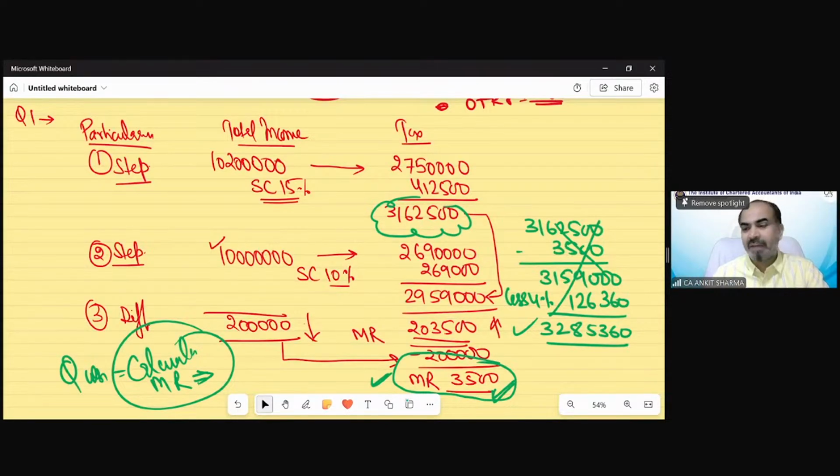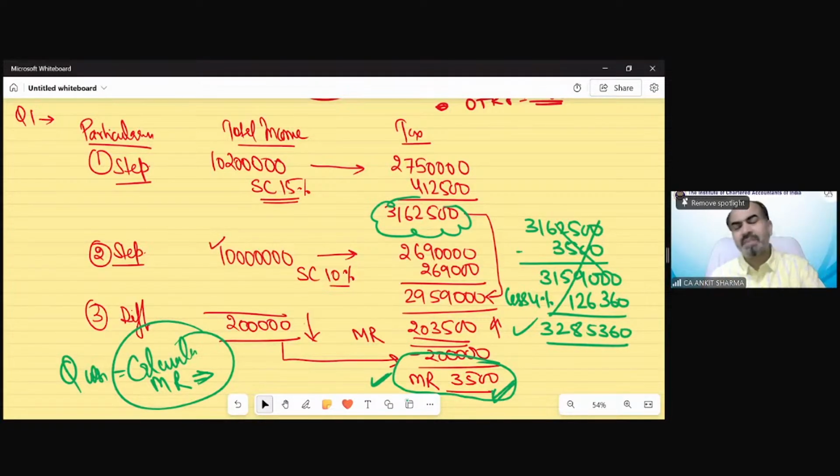He says, I have this much salary, sir, kindly help me, what should be the tax on this? I ask him, do you have any other income? He says, no, I only have salary income. So I start telling him this is the tax on salary. And if you have capital gain income, this would be the kind of calculation. If you have PGBP income, or interest income, then that would be the tax liability.